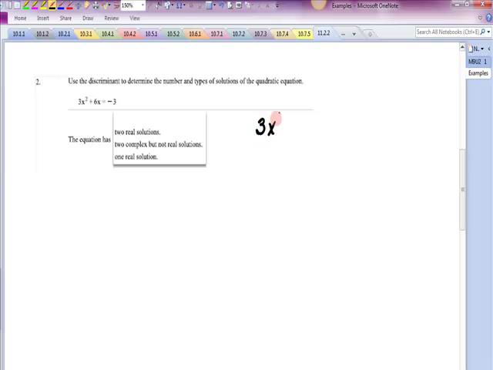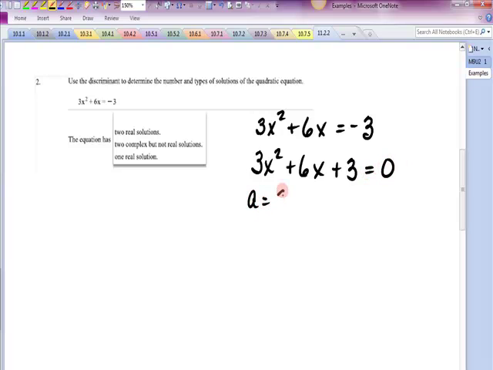We have 3x squared plus 6x is equal to negative 3. You can't identify a, b, and c until it's equal to 0. So we have 3x squared plus 6x plus 3, when it comes over, is equal to 0. A is 3, b is 6, c is 3.